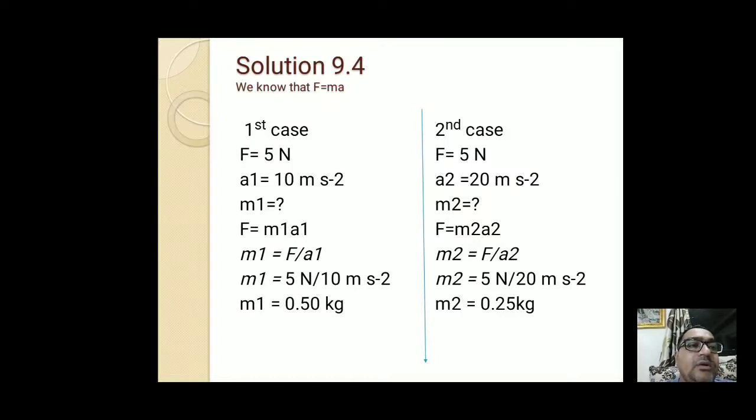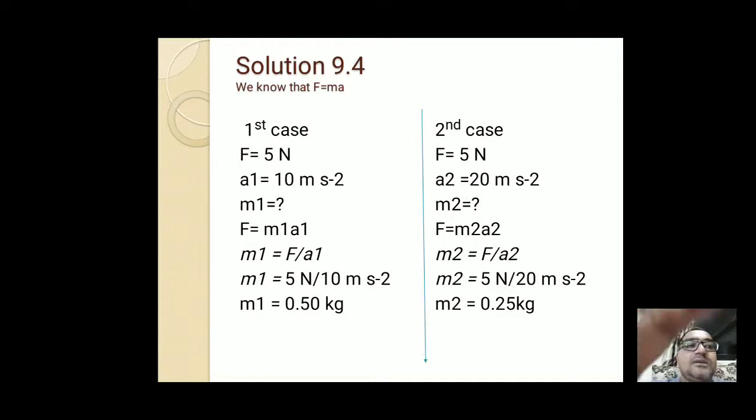Now we keep the values: F value is 5 and a2 value is 20 meter per second square. When we divide, we get m2 is equal to 0.25 kg.